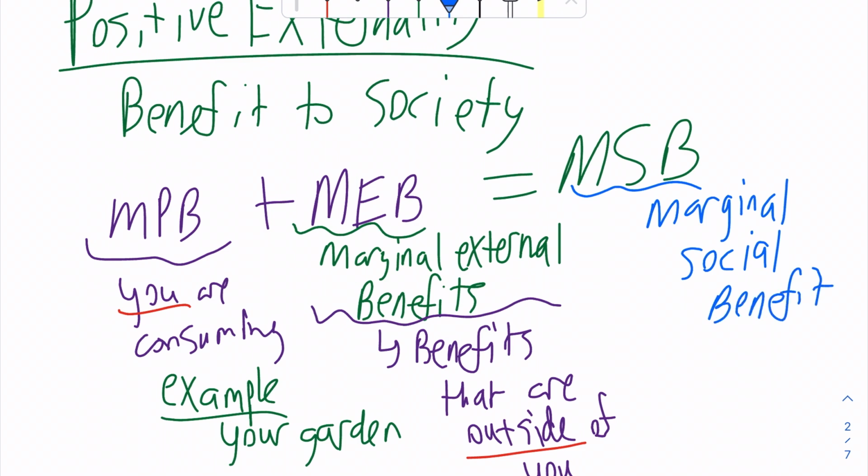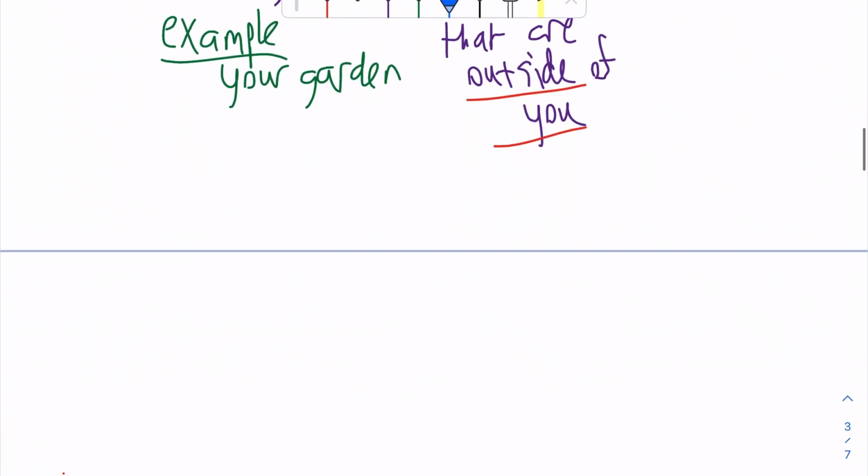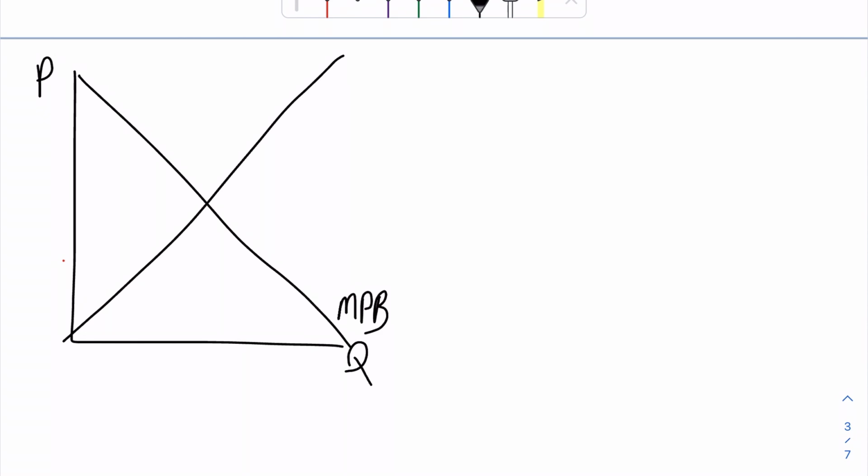Okay, so what does this look like on the graph? Well, we already know that it is a market, so price and quantity. You're going to have your marginal private benefits and your marginal private costs. Now, because it's a positive externality, we will be having marginal external benefits.